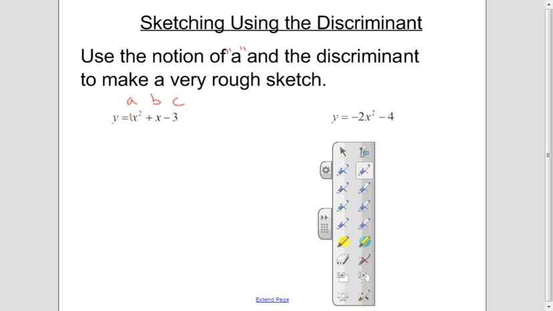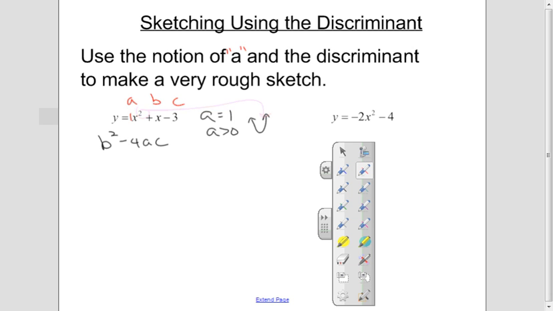Okay, so what we have here, again, if we're looking at b squared minus 4ac, I want to look at the a value because it's set in the direction to do that. A is 1, so a is greater than 0. So just like you remember from transformations, we're going to get a parabola that opens up. We know it's a parabola because it's a quadratic. Okay.